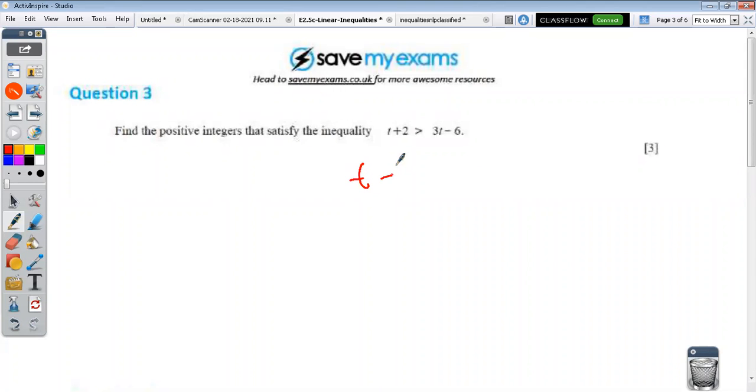The first thing: t minus 3t, but this is a positive. I'm moving it to the other side. Is less than 6. Move the negative 6 to the other side, the positive 2. This side becomes a minus 2. Is greater than, you can check from a calculator, minus 8. What I want is t, so divide both sides.